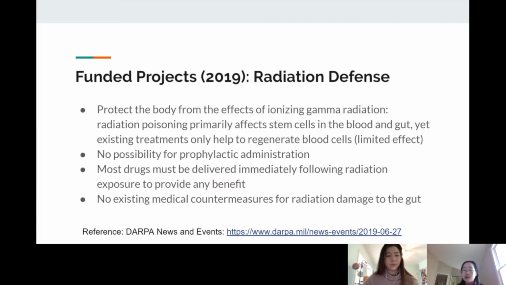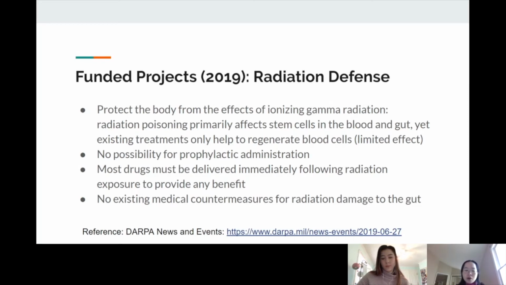But existing treatments only help to regenerate the blood cells and have limited effect. So it doesn't really actually help stem cells specifically. So there is no possibility currently for prophylactic administration. And prophylactic administration means the administration as a preventative method. So no therapies exist as a preventative method.